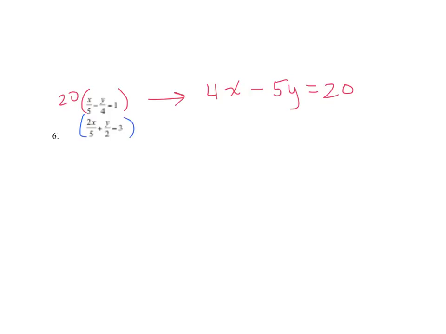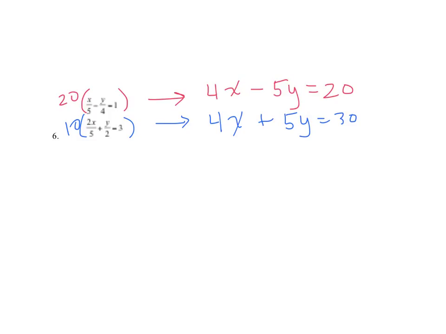The second equation has a least common denominator of 10, because a denominator of 5 and a denominator of 2, if we were trying to find a common denominator, we would use 10. And when I multiply through by 10, I get 4x, because 2/5 times 10 is 4, plus 5y equals 30.